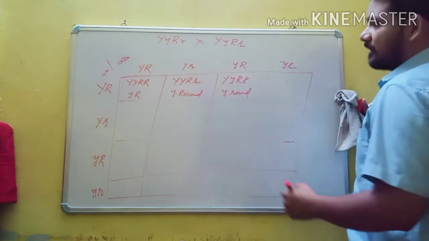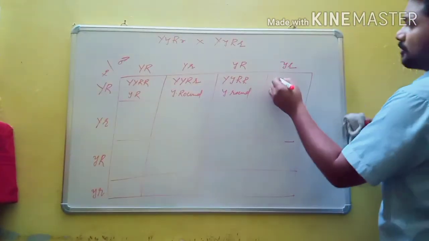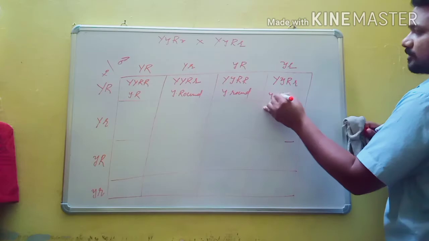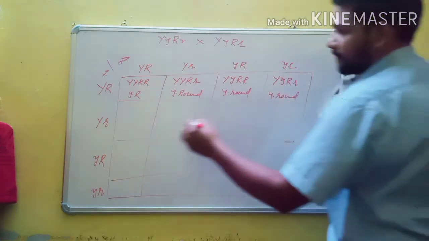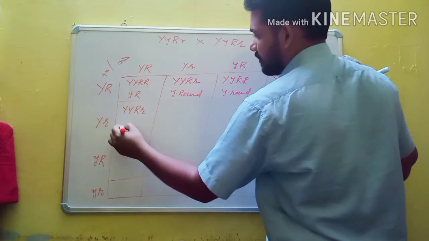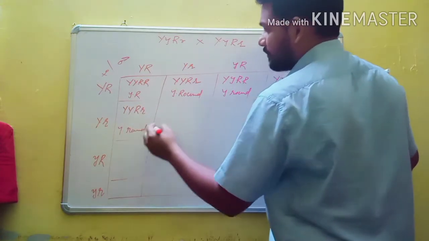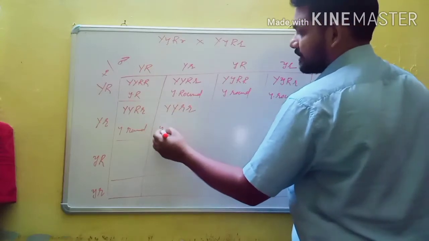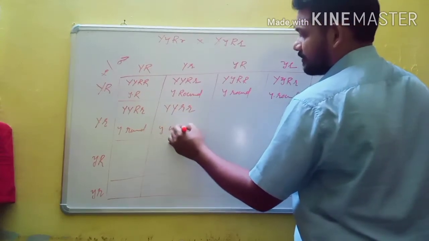Capital Y, capital R, small r: also yellow round. Next, same, capital Y, capital R, small r: yellow round. Capital Y, small r: this is yellow and wrinkled.